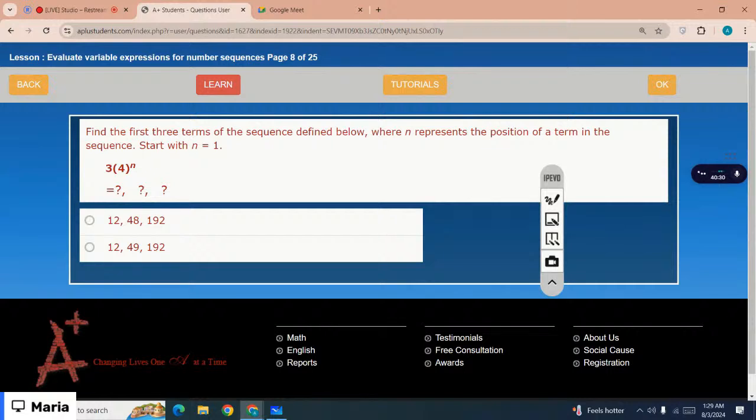The correct option is option number 1. 12, 48, and 192 is the correct option. Very good.